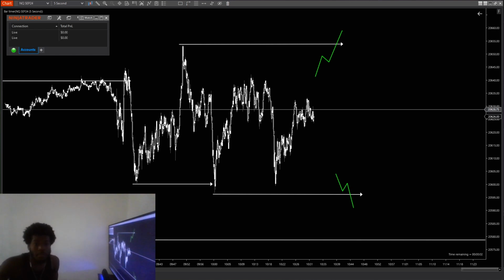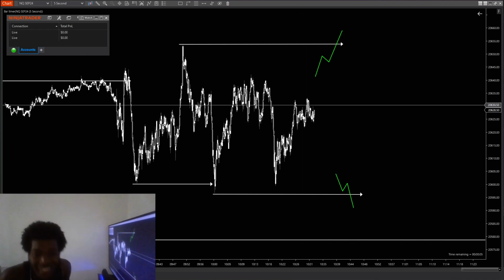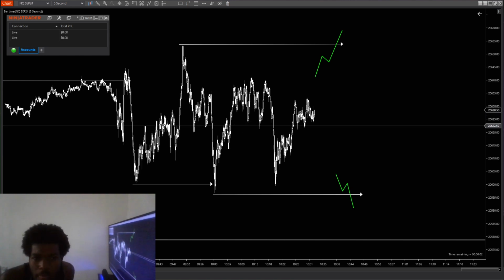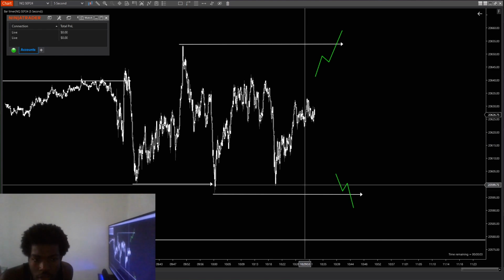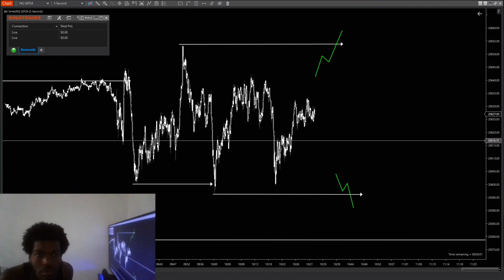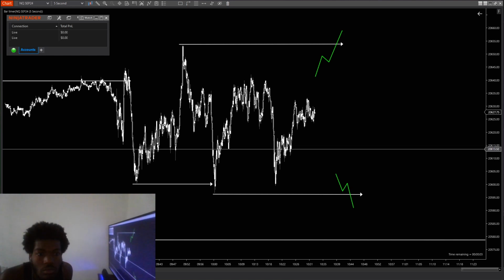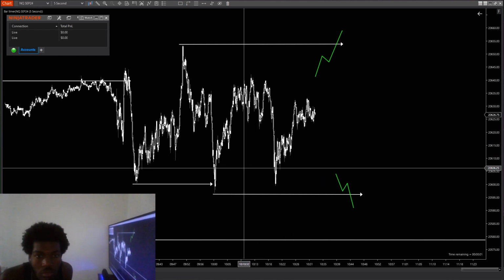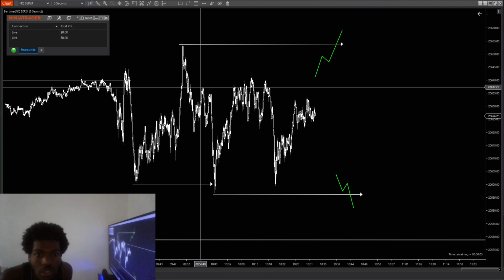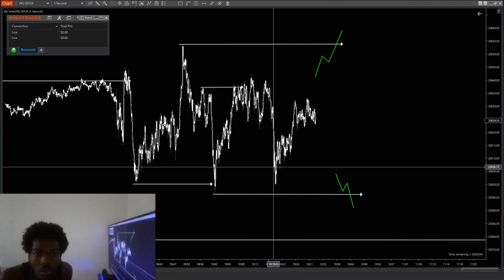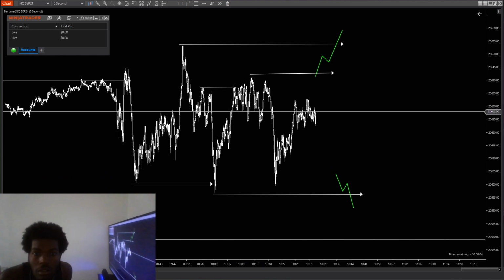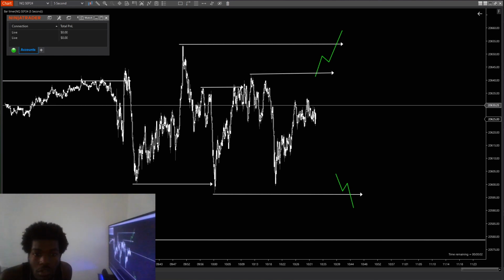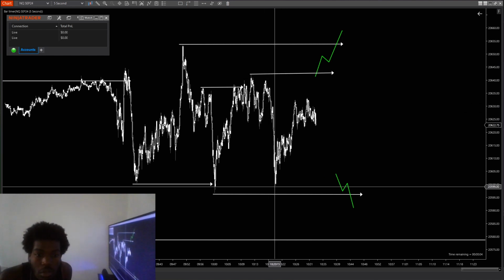Apart from that, it's a long term play. But if you were to see that back into the range, you can see something like that back inside as well.